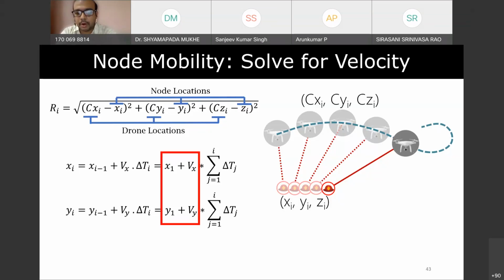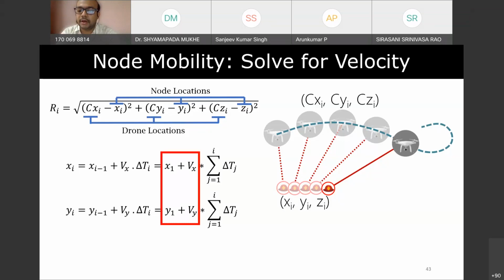So all I have to now estimate is, instead of having two unknowns x and y as earlier, now we are solving for x1, y1 and Vx and Vy. What was the starting point of that person when he started running? Because for all locations, he will continuously change his position.